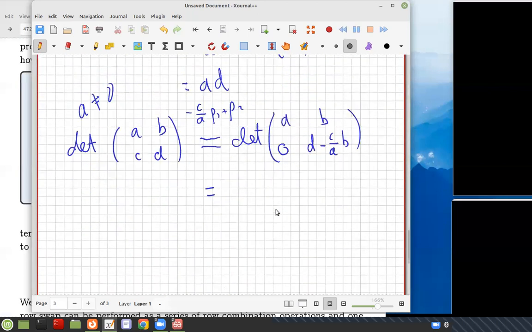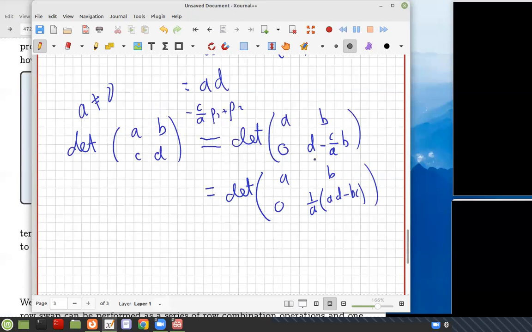What I want to do is write this as the determinant of A, B, 0, and factor out 1 over A times AD minus BC. I want to factor out a 1 over A, so I have to put in this first term A times 1 over A, which is 1.